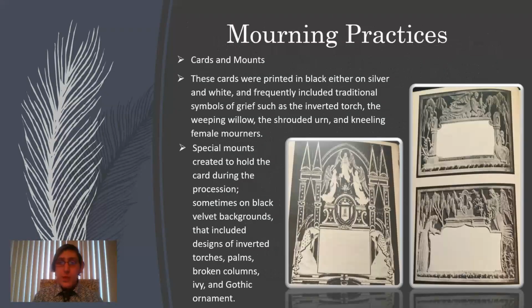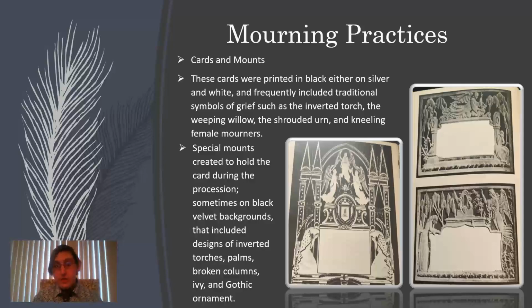Mourning practices that were implemented after Prince Albert's funeral. One of the new traditions was mourning cards and mourning mounts. The cards were printed in black, either on silver or white, and frequently included traditional symbols of grief, such as the inverted torch, the weeping willow, the shrouded urn, and kneeling female mourners.